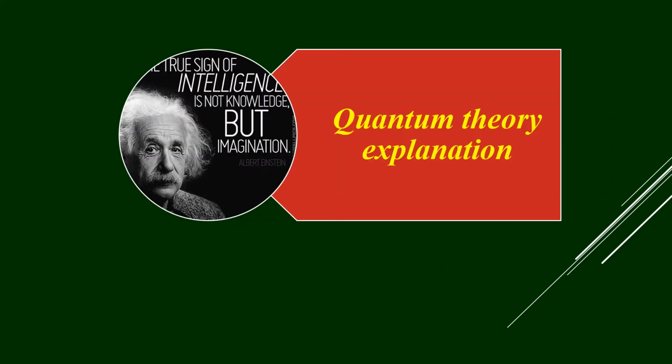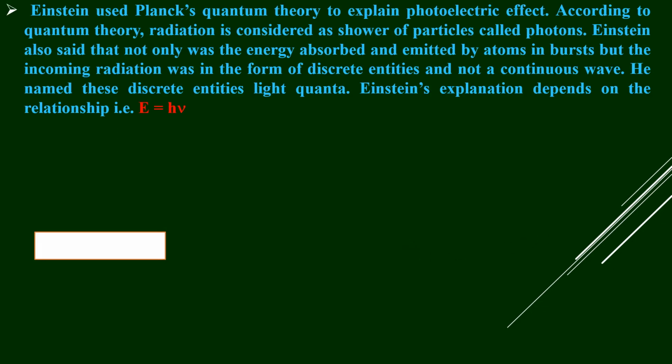Then Einstein, we all know Einstein, used Planck's quantum theory and explained the photoelectric effect. We all know that according to Planck, light is made up of discrete packets of energy called photons or quanta. Each photon has energy equal to h nu, where h is Planck's constant and nu is the frequency of light. Now how did Einstein explain this?